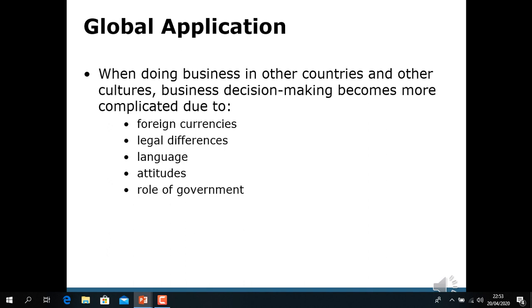There are differences in issues such as foreign currencies, legal differences, language problems, attitudes, and the role of government, which are totally different from country to country. So this becomes a problem when the company has to adjust to the global conditions to gain profit.